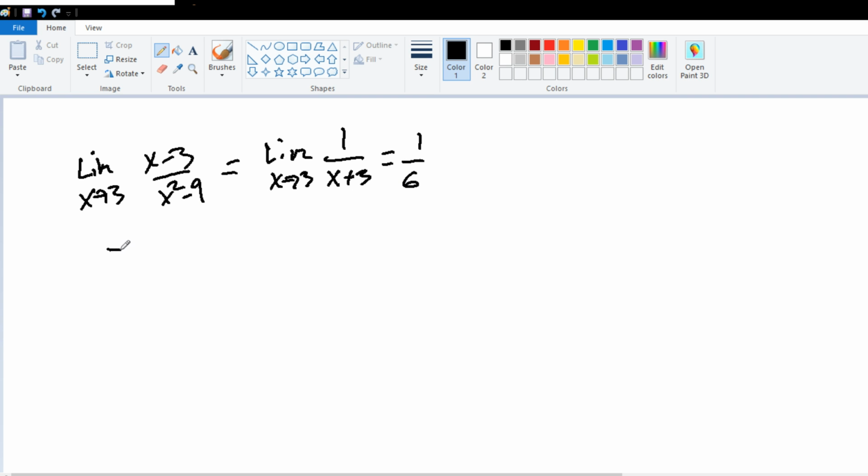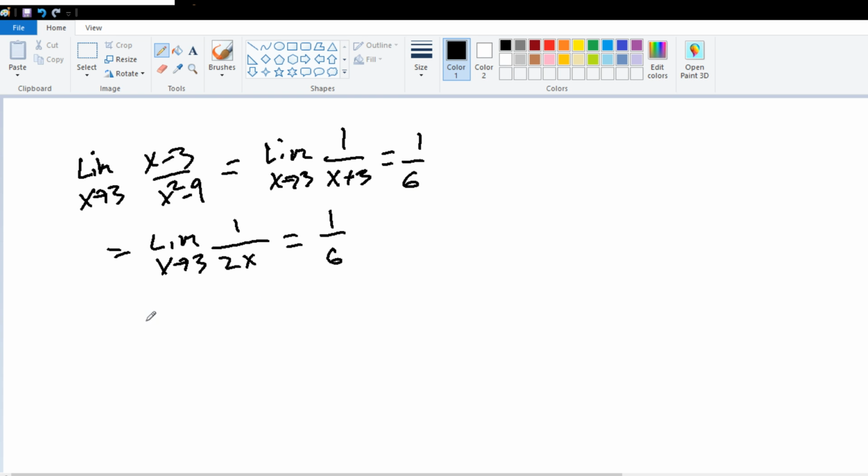And then because L'Hopital's rule is on the test, I'll do it the other way as well. Limit as x goes to 3 of, take the derivative. So we get 1 on the top, we get 2x on the bottom. We plug in 3, we get 1 over 2 times 3 is 6. So that works both ways.